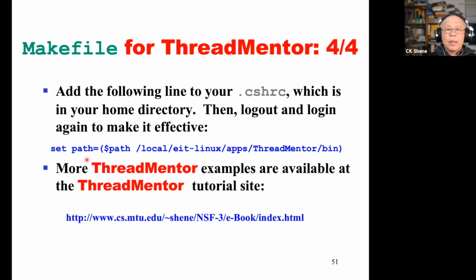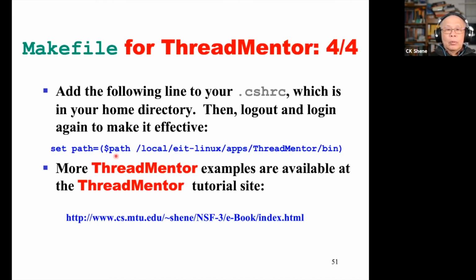So this is an example for C shell. If you are not using C shell, the syntax may be slightly different, but mostly they look very similar. So path is an environment variable. We need to include the binary executables of ThreadMentor to the search path.